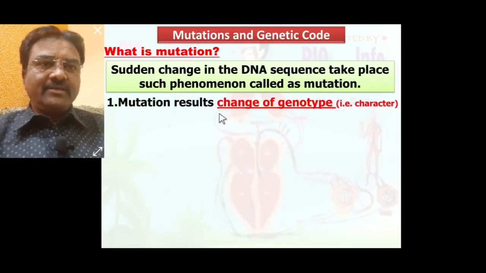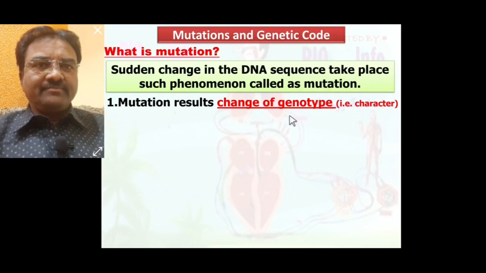Mutation results in a change in genotype, that is, character. Due to mutation the character changes, like red color converting into white color.